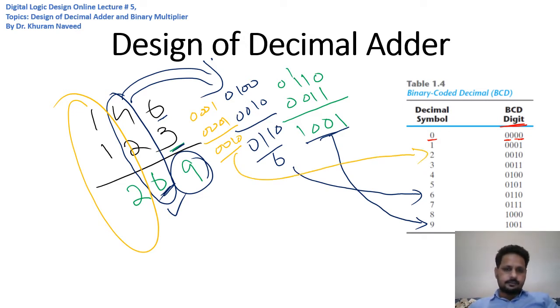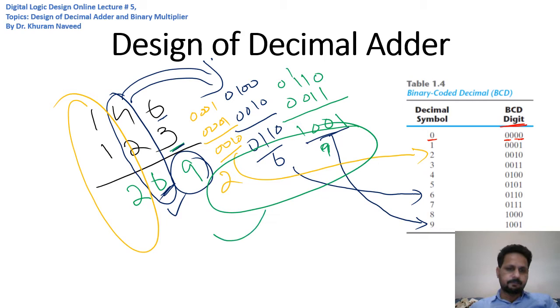So this means the answer using BCD codes is exactly the same as the answer that we got using the actual decimal digits, right?